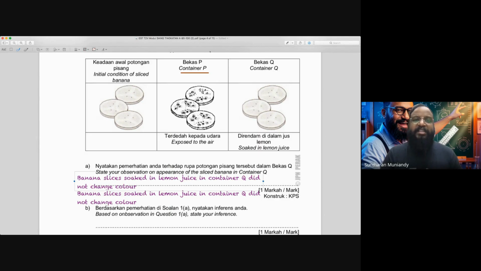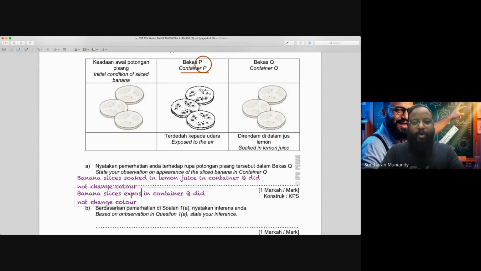If let's say they ask me to write down in P, what should I do? Banana slices exposed to air in container P changed color. So you must use the exact components that you have in your table.